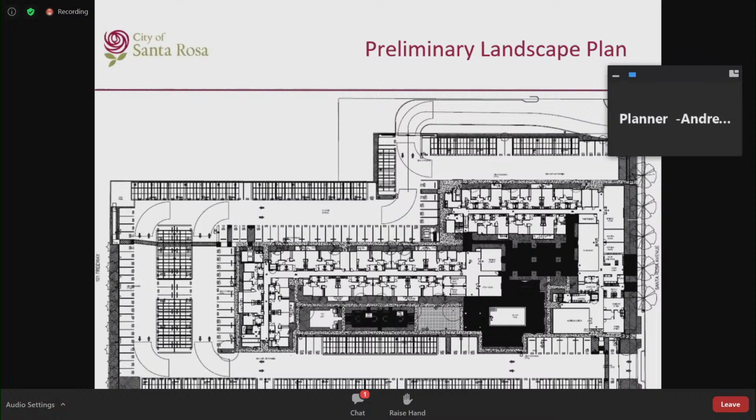As we can see here in the preliminary landscape plan, the community spaces, especially the outdoor community spaces, because they are tucked in within the project site itself, create those opportunities for gathering with neighbors, with visitors, and the tree and plant materials integrate into the site to the greatest extent possible, while still allowing for that solar production on the solar canopy carports that are arranged throughout the site. Next slide, please.